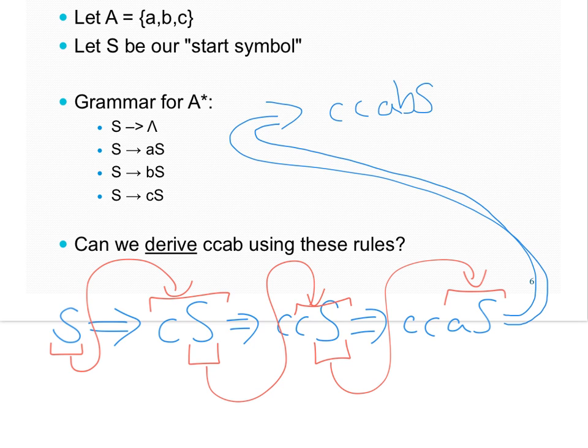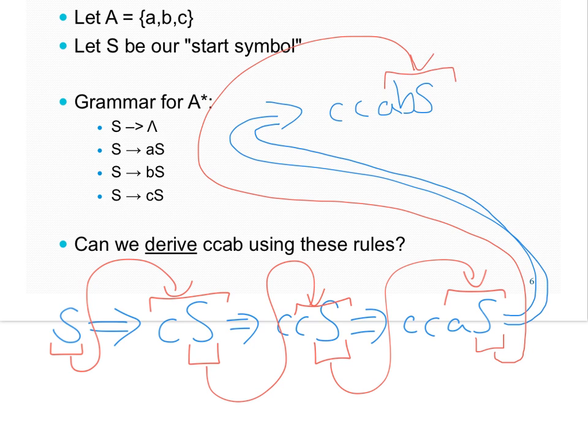CCABS, because this S is going to expand into BS. Notice, by the way, the stuff I'm writing in red here is not part of my derivation. I'm just trying to show you what gets expanded.